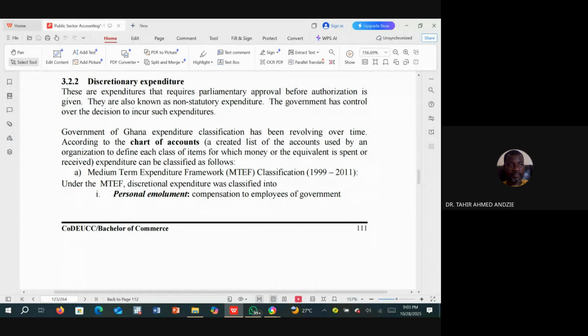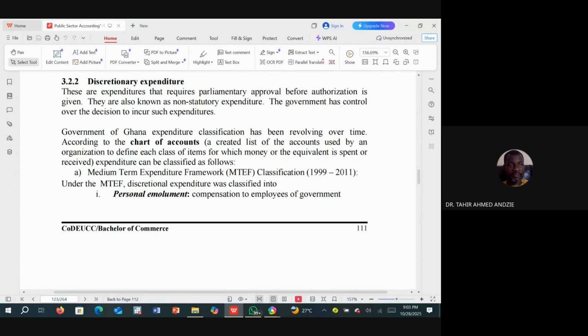Expenditure can be classified as follows. So under the chart of accounts, we have 1A, the MTEF. The MTEF classification can be as follows. First, the MTEF expenditure framework.